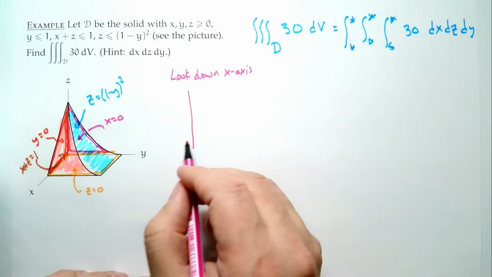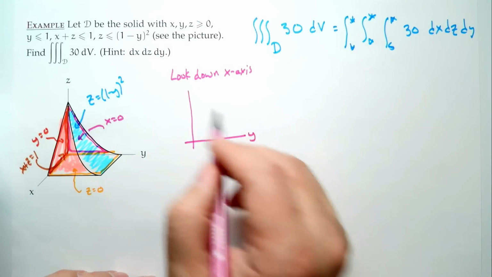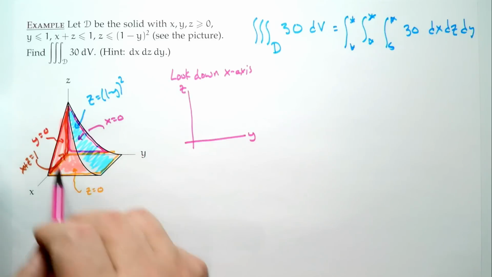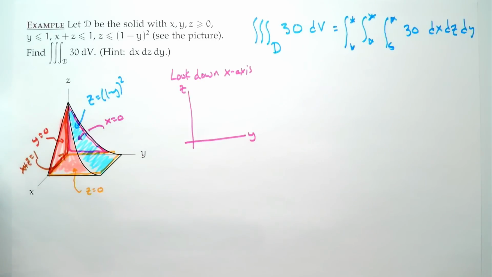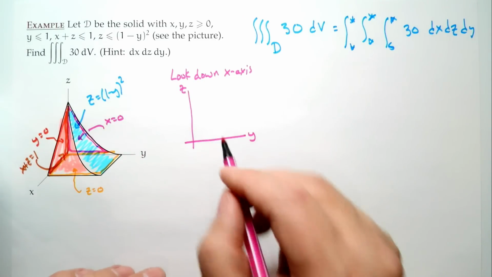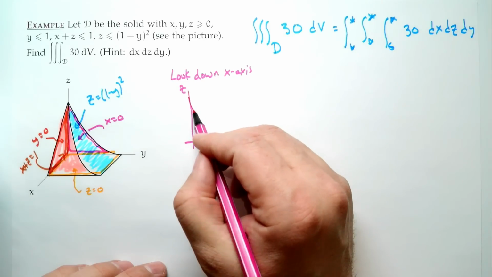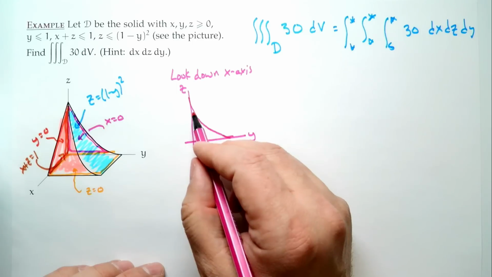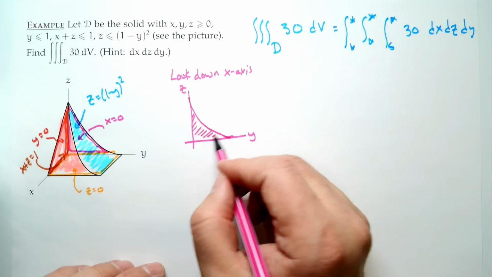Well, the good news is it's very easy to look down the x-axis because you're going to see the yz plane, drawn almost as if it was a set of axes. And what you'll see is this parabola shape. All right, so that's what we'll see if we look down the x-axis.